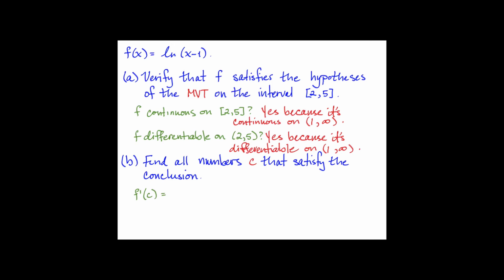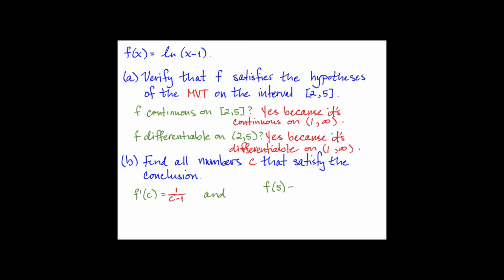So let's differentiate the function. The derivative of the natural log of x minus 1 is just 1 over x minus 1 times the derivative of x minus 1, which is 1. So f prime of c is just 1 over c minus 1. All right, so what's the slope of the secant line on that interval from 2 to 5?